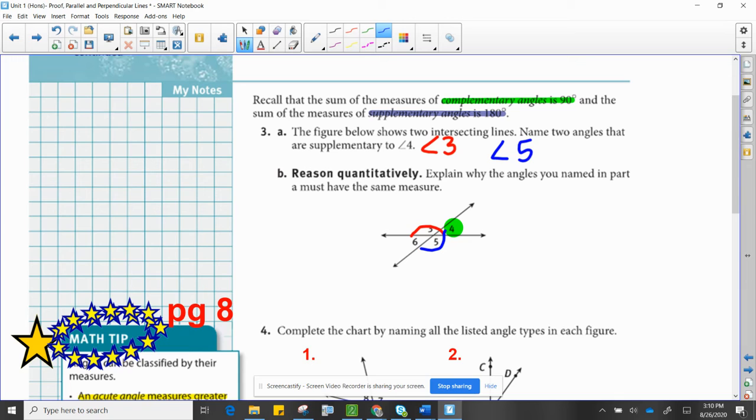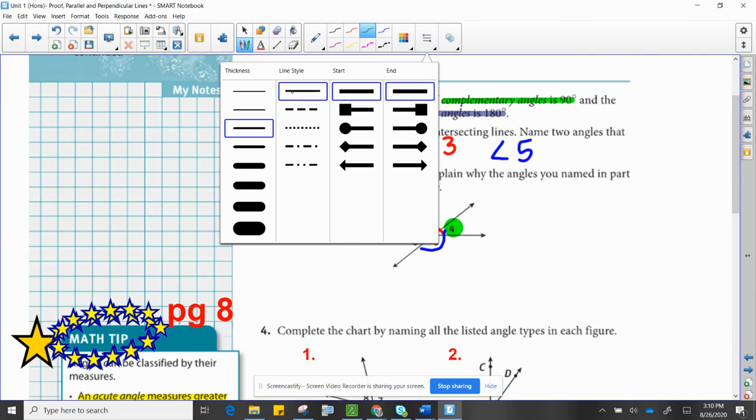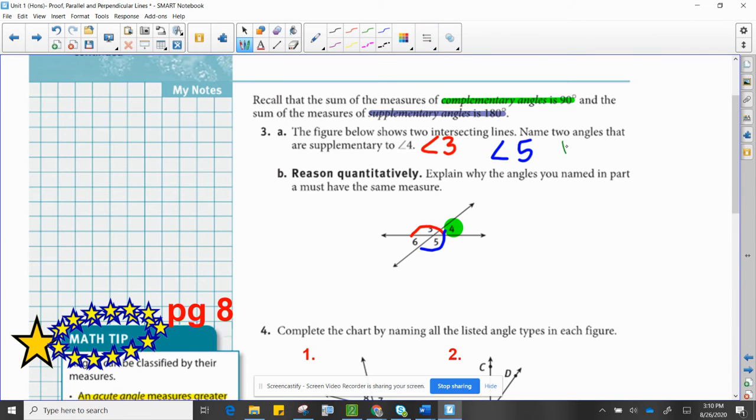Okay. Now, if we think about this a little closely also, angles 3 and 5 are also supplementary to angle 6. So I'm just going to put a little note here on the side. They didn't ask us this, but I'm going to abbreviate there, sup for supplementary.